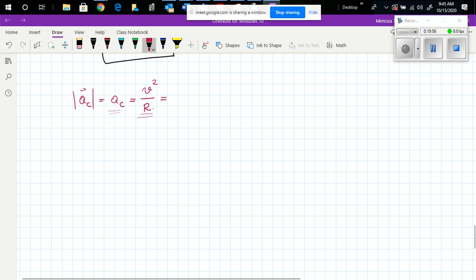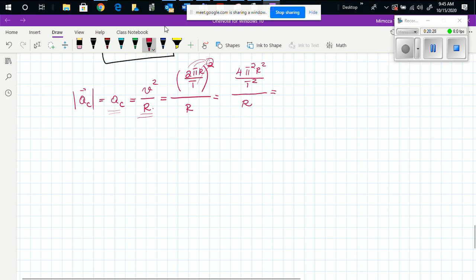And now, substituting what we found for the velocity, that is 2 pi r over t, the whole thing squared, over r, the power of 2 is affecting each term inside the brackets. So you will have 4 pi squared r squared over t squared, the whole thing divided by r.